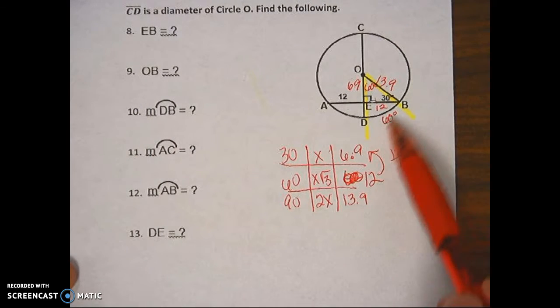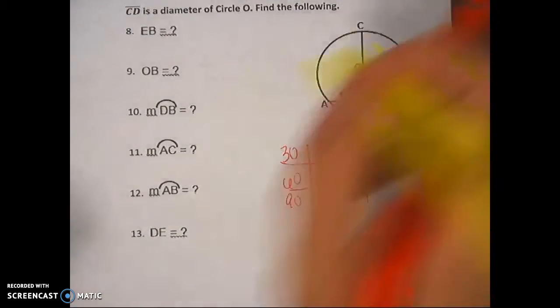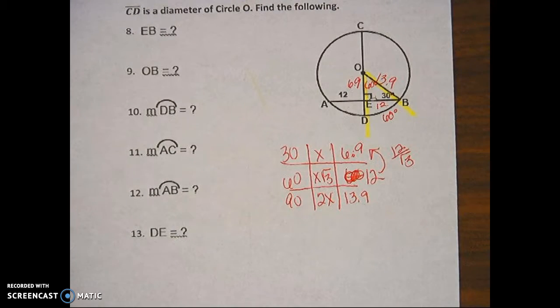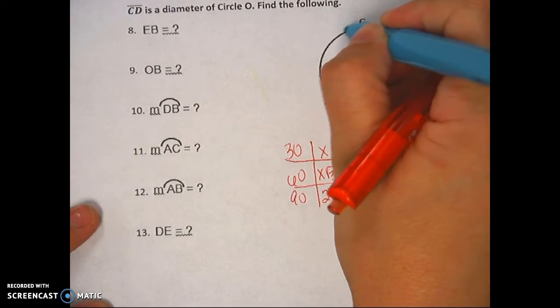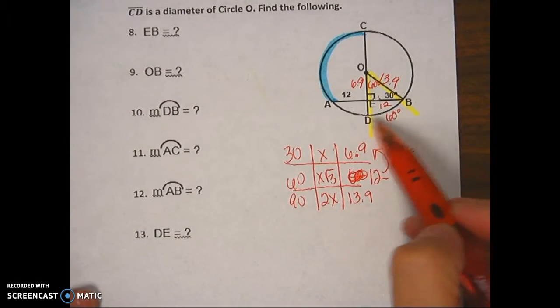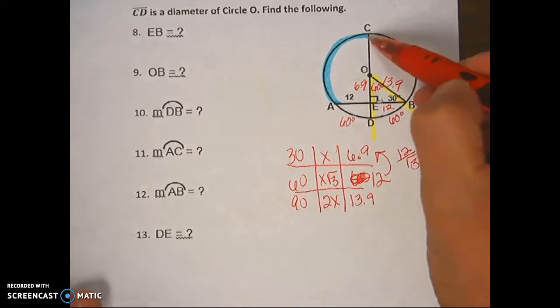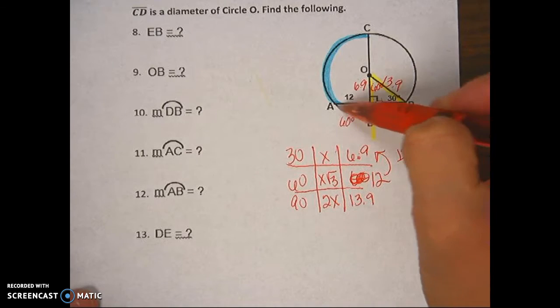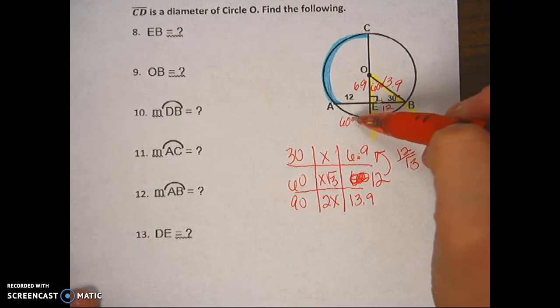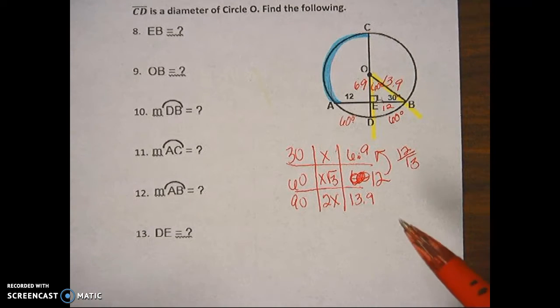The arc DB I've already found. The other arc it was asking for was AC, so that was this arc. And I know that if this was bisected, DB and AD are both 60. And then you have this semicircle right here that is 180 degrees. So if I take 180 minus 60, that will give me the arc in blue, AC.